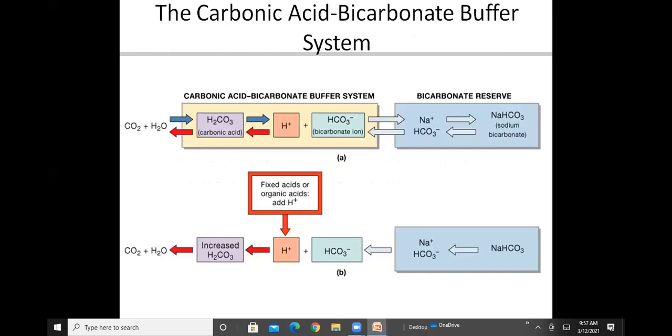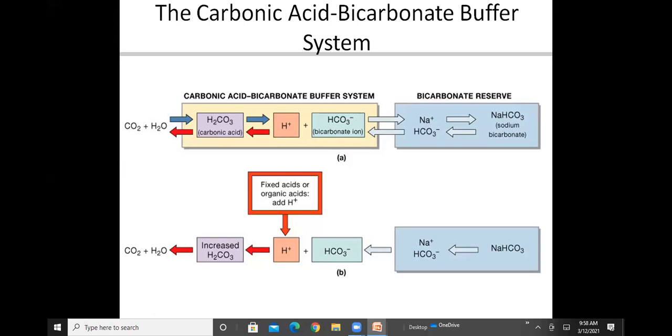Now, this is a depiction of what happens. The carbon dioxide and water react to form carbonic acid, and the carbonic acid can go into equilibrium, an equilibrium reaction, to produce hydrogen ion and bicarbonate ion. So the bicarbonate ion is mostly gotten from bicarbonate reserves to produce more carbonic acid if there are excess hydrogen ions within the system.